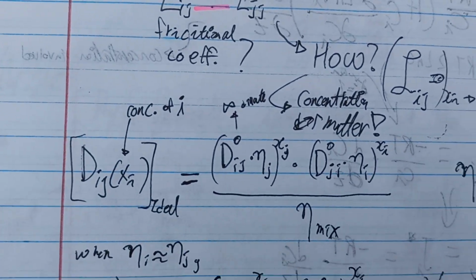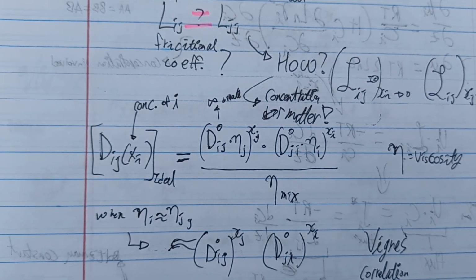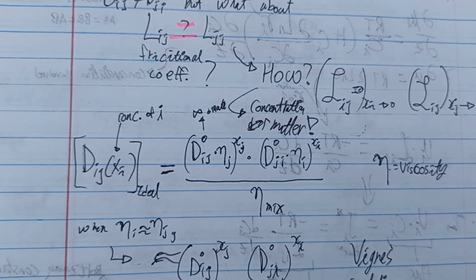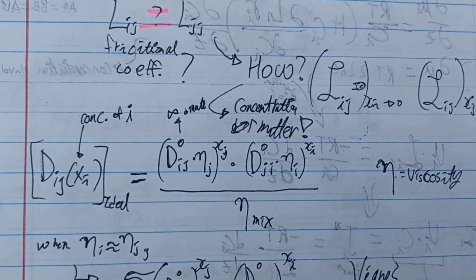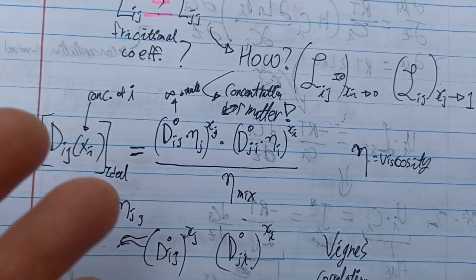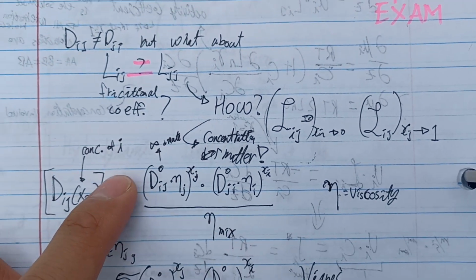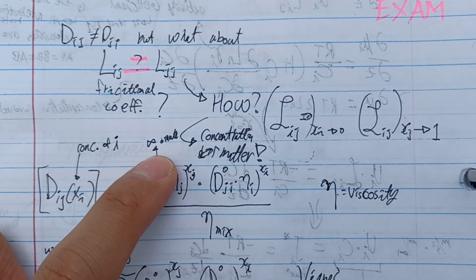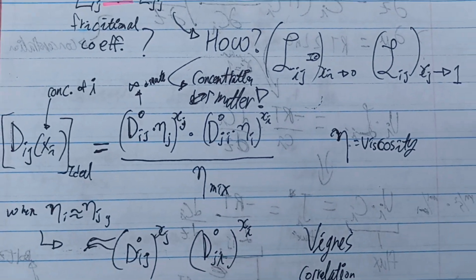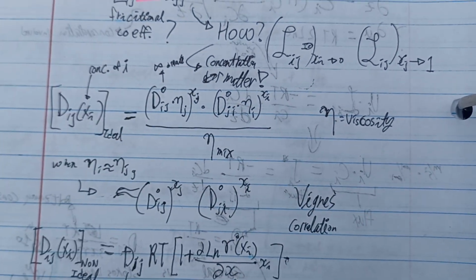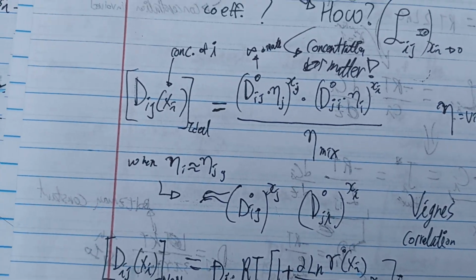So going deeper into concentrations, we have Dij with a concentration of I, and in these ideal cases we have this equation where diffusivity times viscosity, and then this D with the circle, so it's infinitely dilute, all over the viscosity of the mixture.